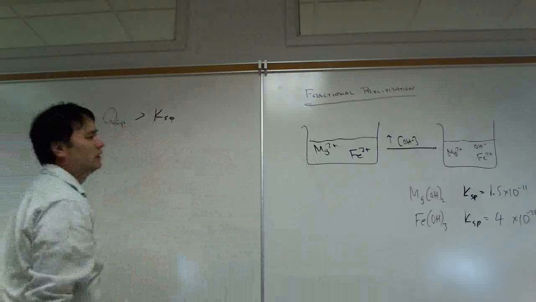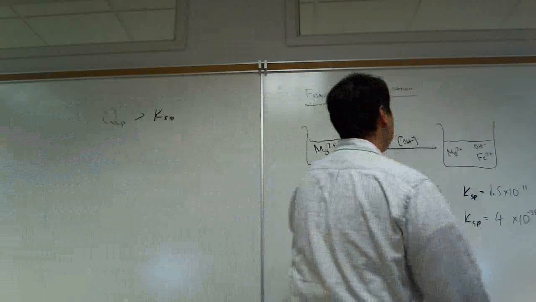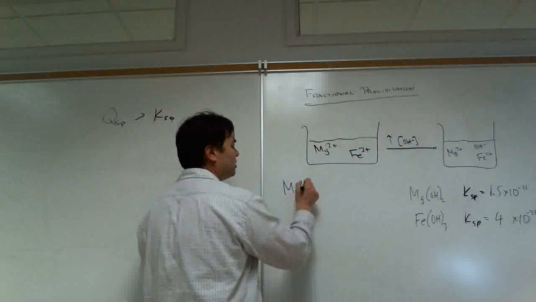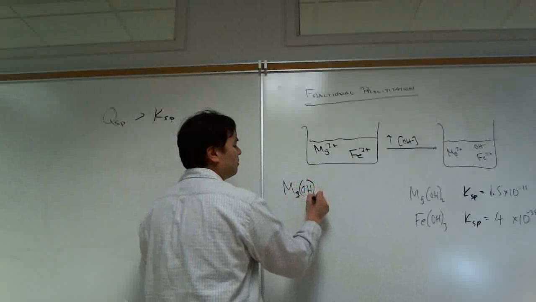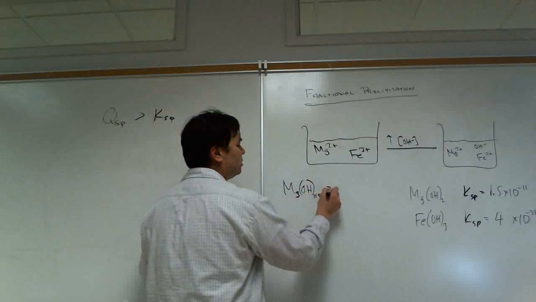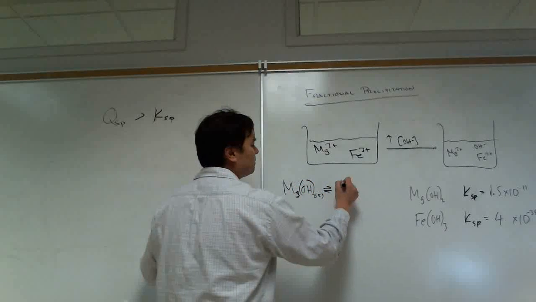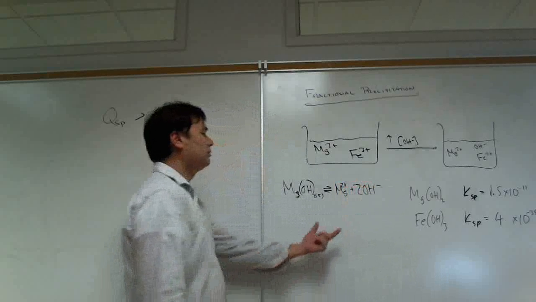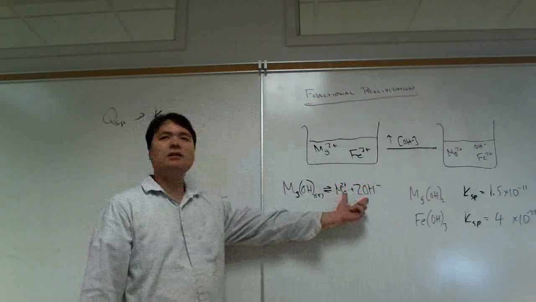The KSP equation for this would be magnesium hydroxide, solid, goes to magnesium 2+ plus 2 hydroxide. And so if we have too much product in there, then what's going to happen?